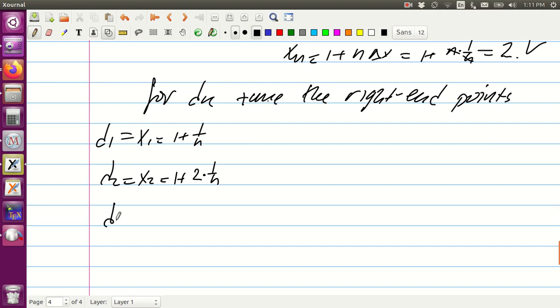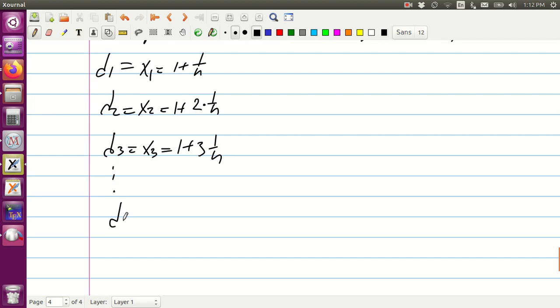Okay, and d sub 3 is x3, equals 1 plus 3 times 1 over n, dot, dot, dot. And the last one is d sub n, which is xn, which is 1 plus n times 1 over n, which is 2.